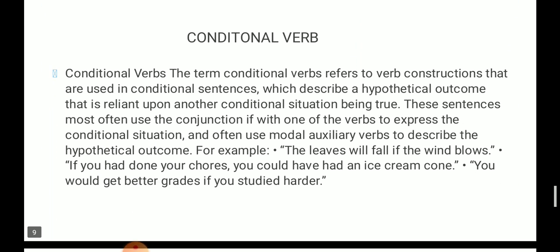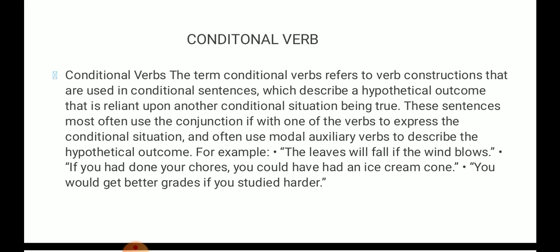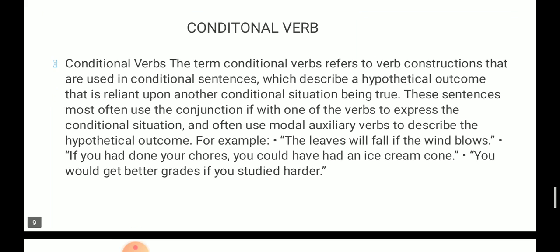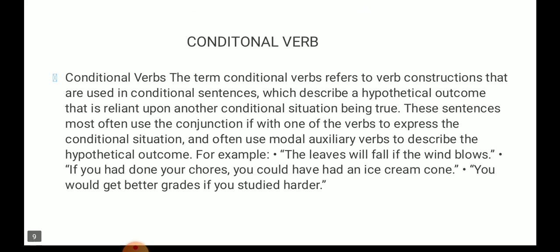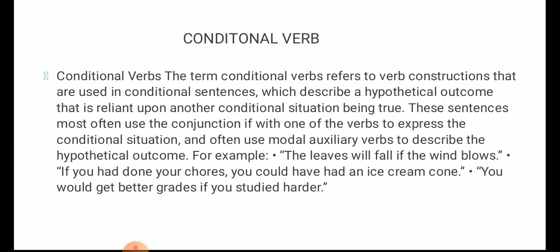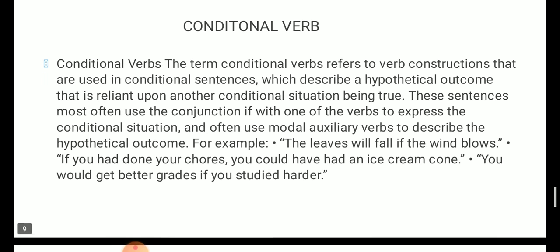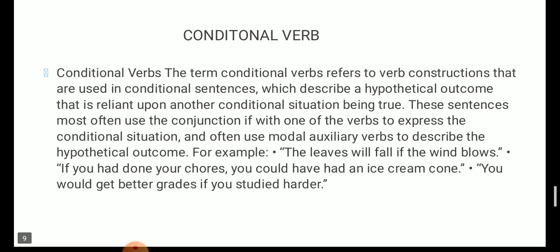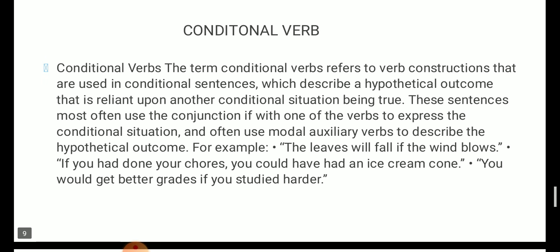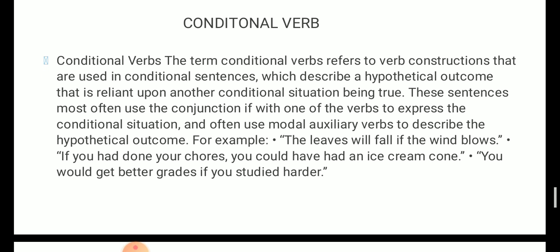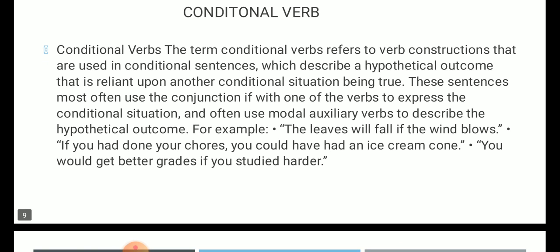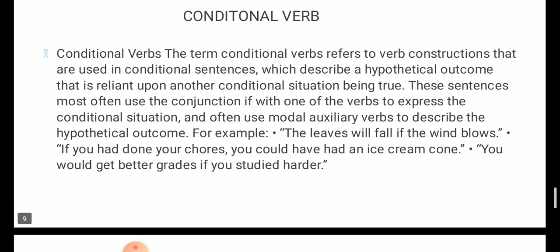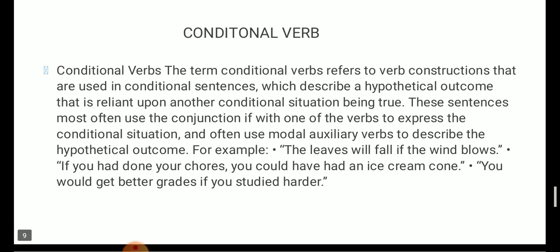Conditional verbs. The term conditional verb is used to refer to verb constructions used in conditional sentences, which describe a hypothetical outcome that relies on another conditional situation being true. These sentences most often use the condition if with one of the verbs to express the conditional situation, and often use a modal auxiliary verb to describe the hypothetical outcome.